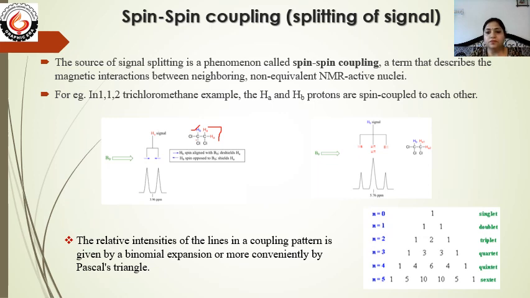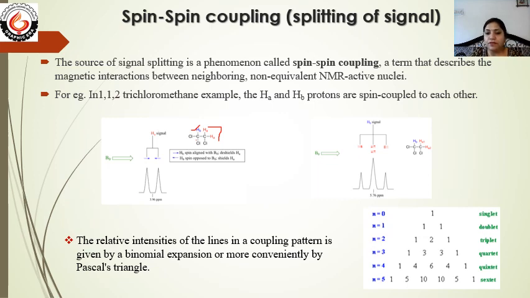Now, n equals 0. This is a Pascal triangle, and the splitting takes place on the basis of the Pascal triangle. The intensity of the signal is also determined by it. Here n shows the number of neighboring hydrogens. If n is 0, that means there is no hydrogen on the neighboring carbon, and in that case no splitting takes place.